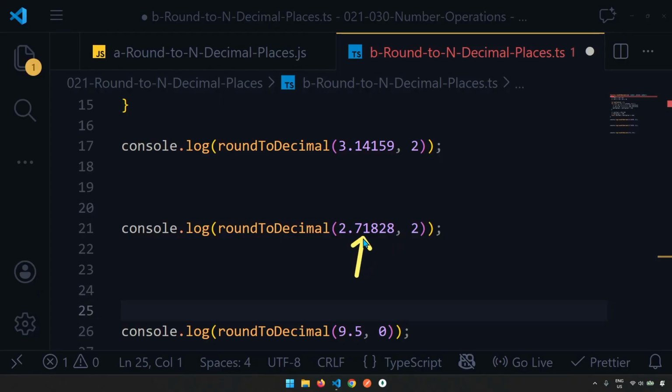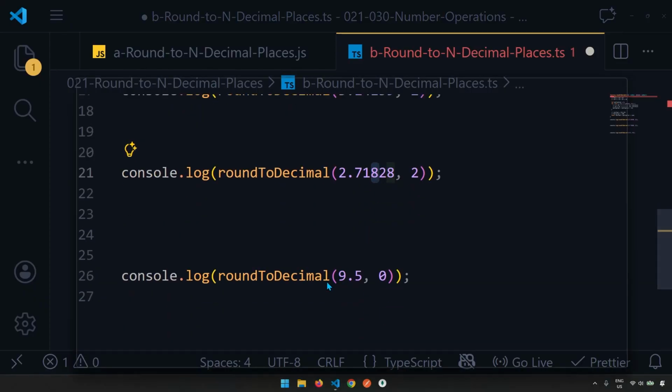So if desired places is 2, you take a look at the third number. If desired places was 4, you would have taken a look at which number? At the next one, which is the 5th one. So this is how we go about the solution. That's why it's important for us to get not only 2.71 but also this 8, because 8 specifies if it is going to stay 2.71 or 2.72.